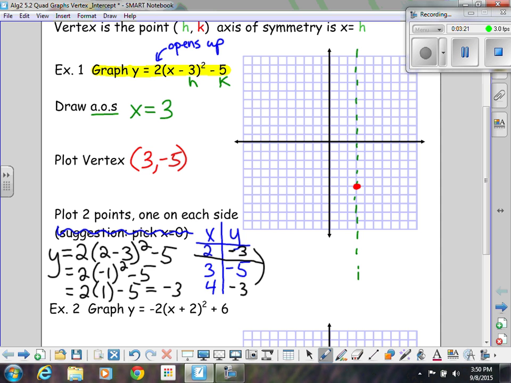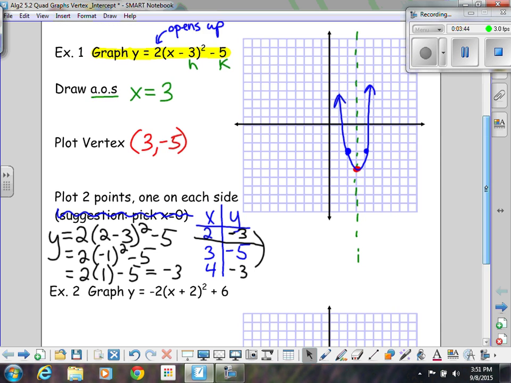These match. So when I go to plot my points, I'm going to go to (2, negative 3), 1, 2, 3. That's there. And then my symmetrical point is (4, negative 3). That would be right there. So I can draw my parabola through those 3 points. And notice that it opens up just like we thought it would.